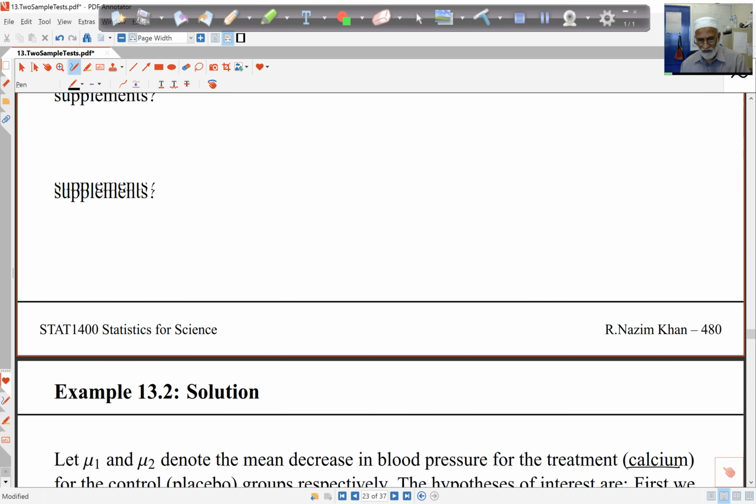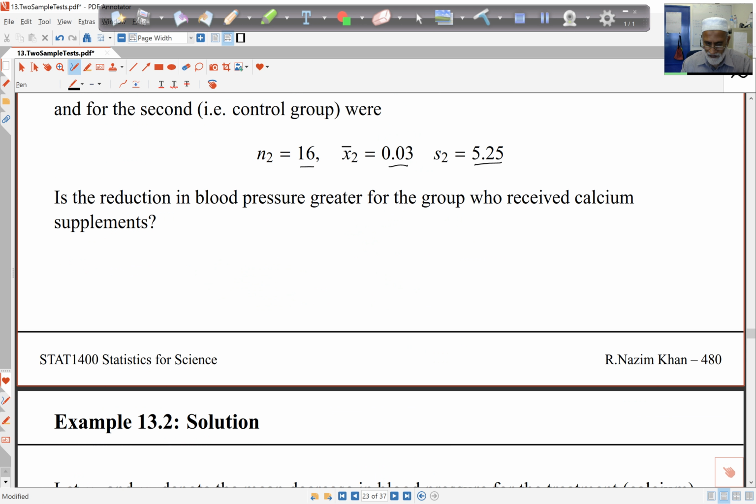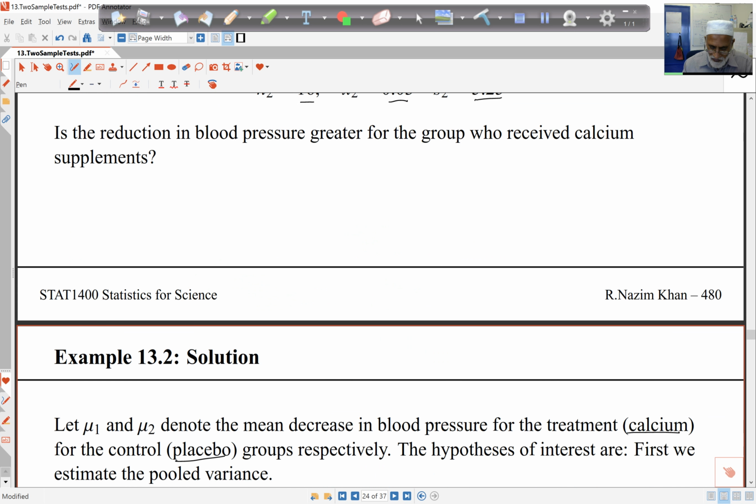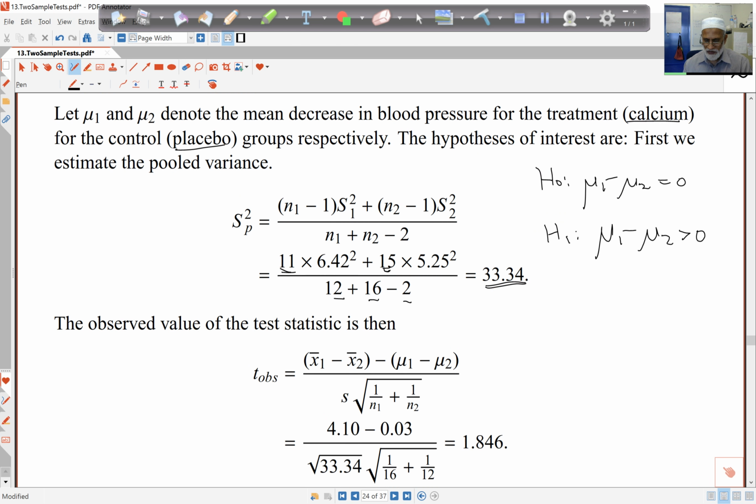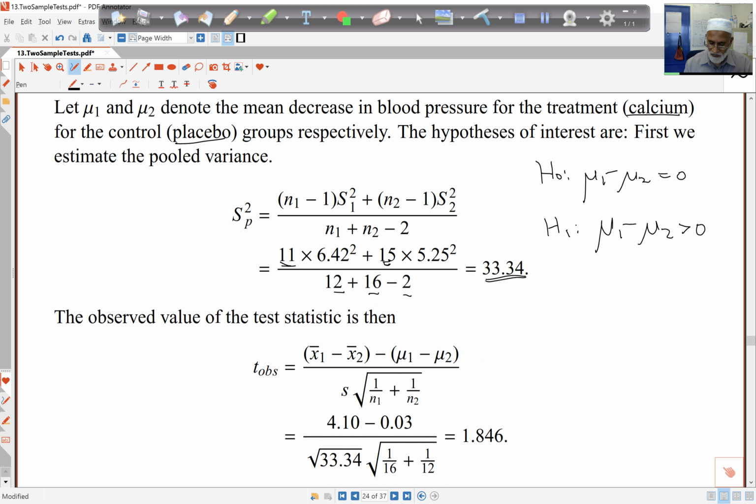The one thing I haven't mentioned is the hypotheses, and I should state them. H naught says that mu1 minus mu2 is equal to 0. And I'm assuming that the actual difference for the men with calcium, mu1, is bigger than for those without calcium, so the alternative says mu1 minus mu2 is bigger than 0. The order I'm subtracting in is again x1 minus x2.